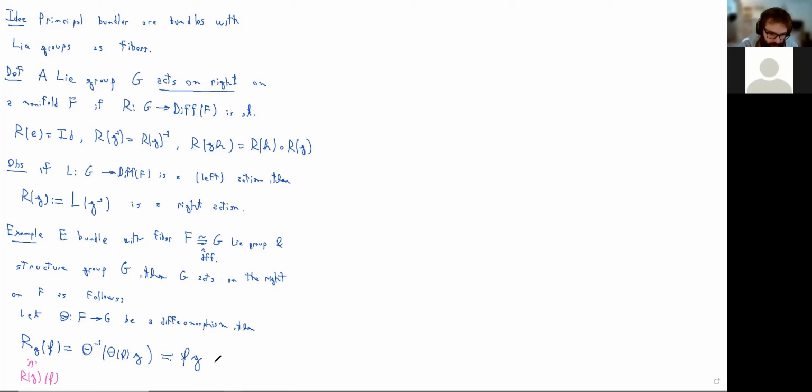Yeah, so for F in the fiber and G in the group. Okay, and of course, this is very much dependent on this diffeomorphism theta, because you can clearly just change this theta. You can take another diffeomorphism, and then this action is just different.